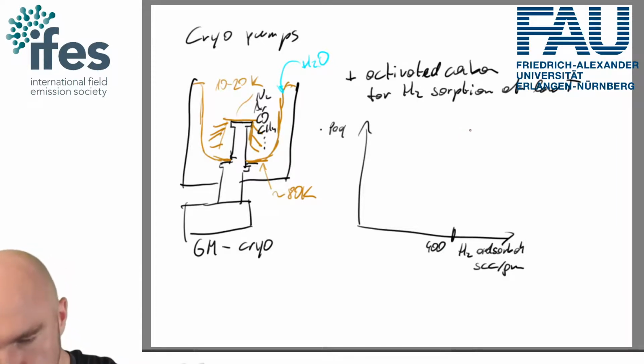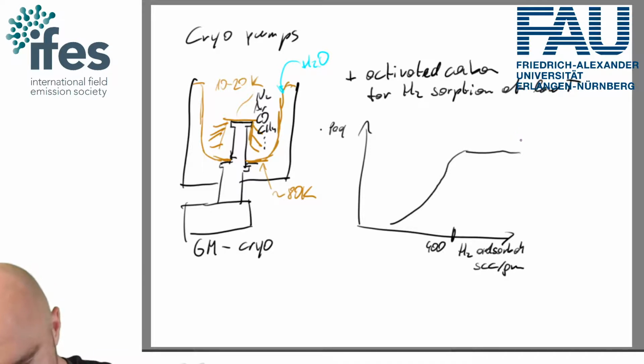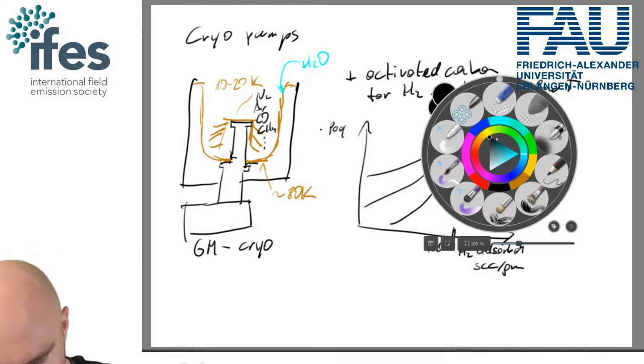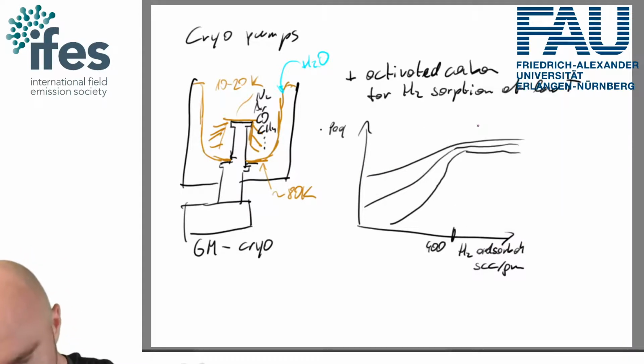So that's quite a lot. And depending on what kind of temperature you have, you will get different equilibrium pressures. So, for example, at 10 Kelvin versus 15 Kelvin versus 30 Kelvin, we'll get different equilibrium curves.